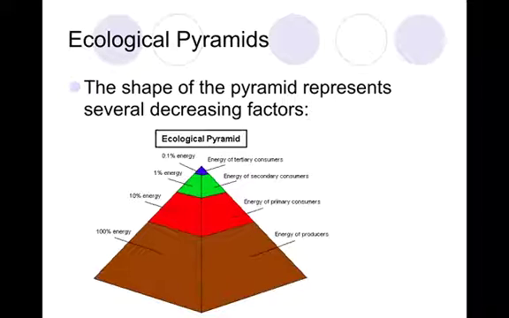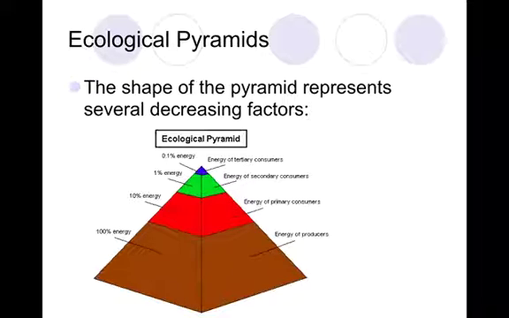So first notice at the bottom level of our pyramid here, we have our energy of our producers. That's 100% of our energy. Only 10% of what is available is going to be transferred up to the next level. So the primary consumers that eat these producers, they're only going to get 10% of the energy from our producers.